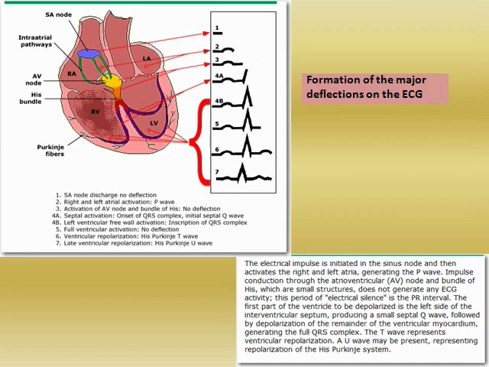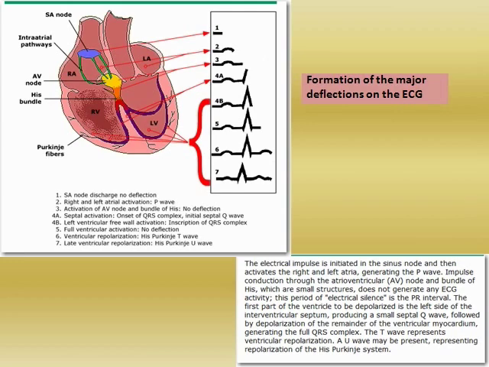Yes, you are seeing the figure of the heart on the left upper panel. The SA node is shown, which is in blue color. The intra-atrial pathways are shown as the green lines. The left atrium is shown on your right side, right atrium on your left side.